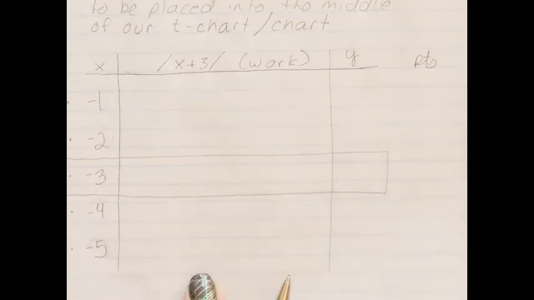If you put these numbers in willy-nilly, you're not going to see a pattern, and you're not going to know if you really got this right. So putting them in, whether it's from -1, -2, -3, -4, -5, or you went from -5, -4, -3, -2, -1, does not matter. But put them in some type of order here on this side, on the x's, and again, you will see a pattern arise over here.